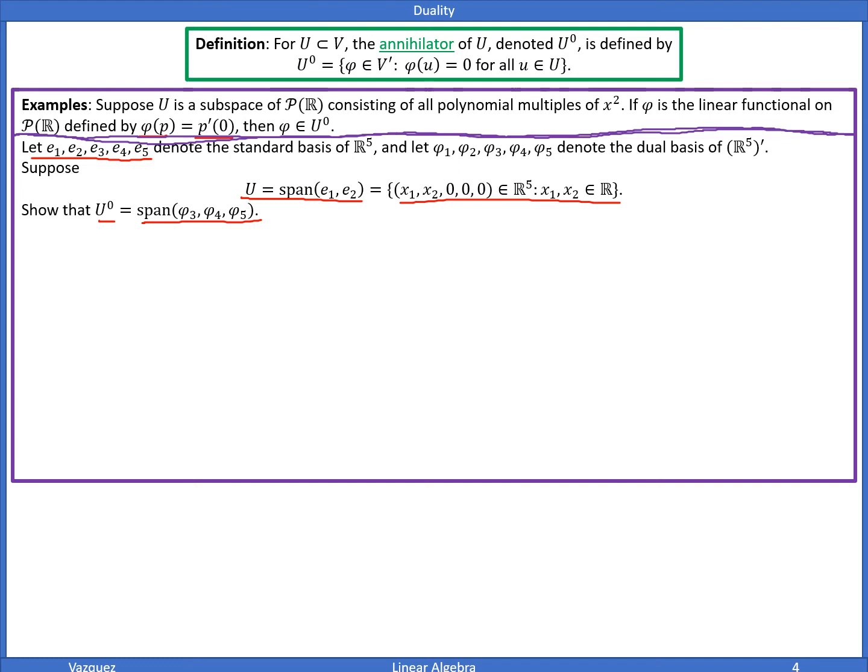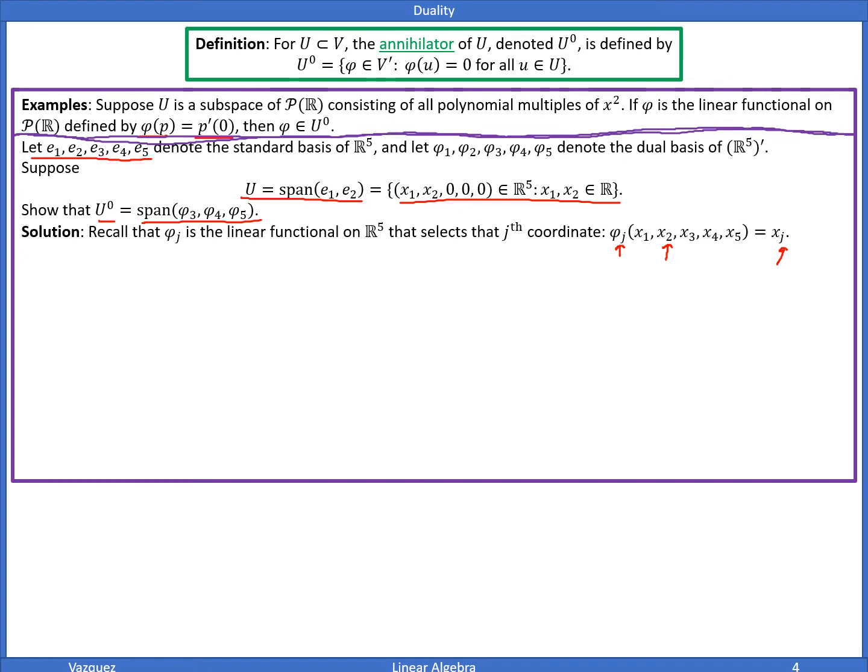So how are we going to do that? Recall that phi j is just a linear functional on R5 that selects the jth coordinate. So if j is 2, we get x2. That's how phi j is defined.